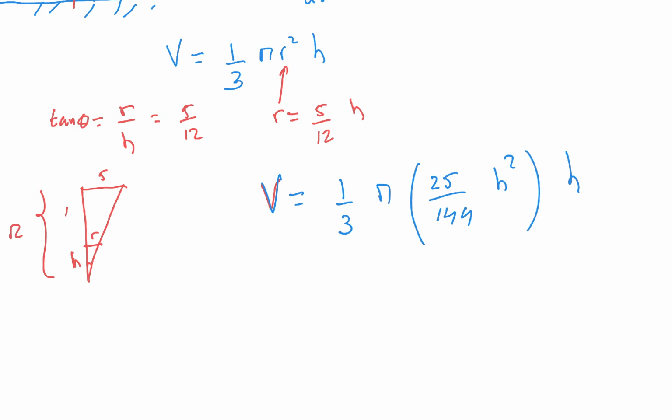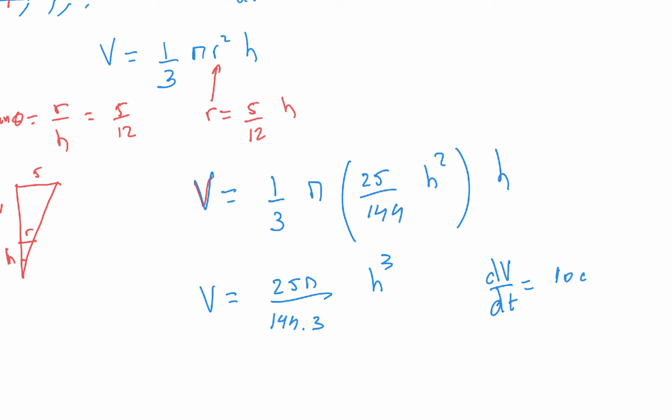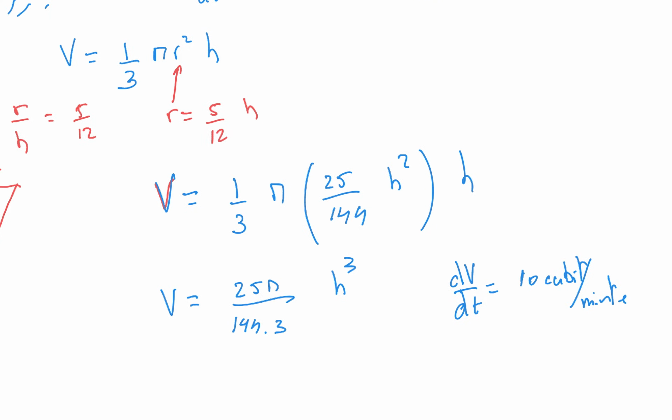So the volume will be 25 pi divided by 144 times 3, times h cubed. This is the volume. We know that the change in the volume per unit of time is 10 cubic feet per minute, and it is constant. You are putting 10 cubic feet per minute inside the conical tank.